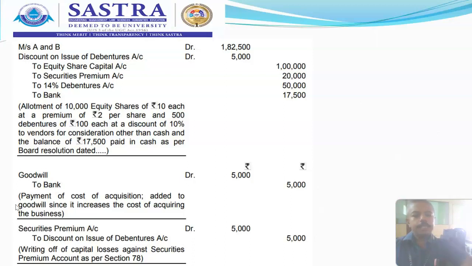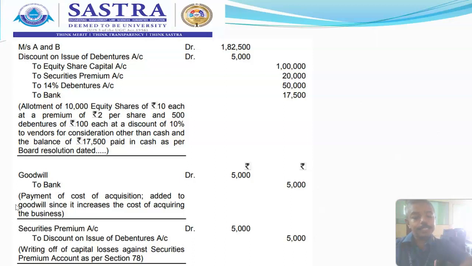Now, securities premium we have 20,000 and discount on issue of debentures we have 5,000. These two can be adjusted, which means the discount on issue of debentures can be adjusted with securities premium account. The securities premium account used to be there in liability, discount on issue of debentures used to be there in the asset. So if you adjust this, how do you adjust this?